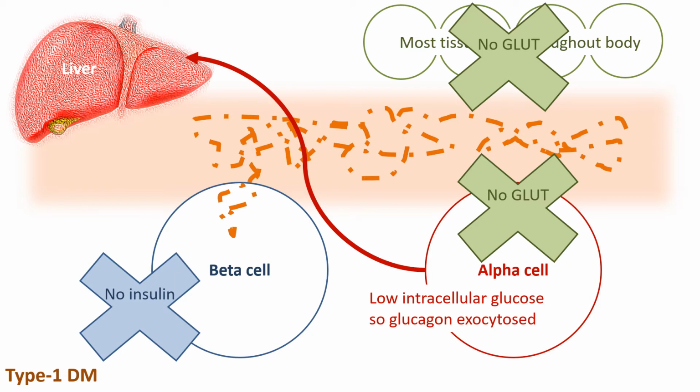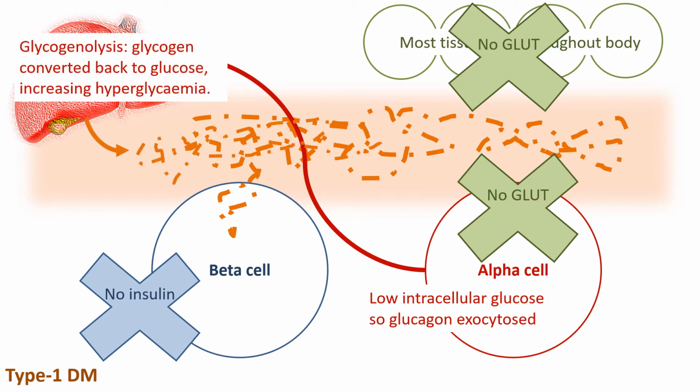That glucagon goes off to the liver. Here we get glycogenolysis, so glycogen is stored in the liver, great long chain molecules of carbohydrate are converted back to glucose. This is then released into the circulation, which increases hyperglycemia even more.